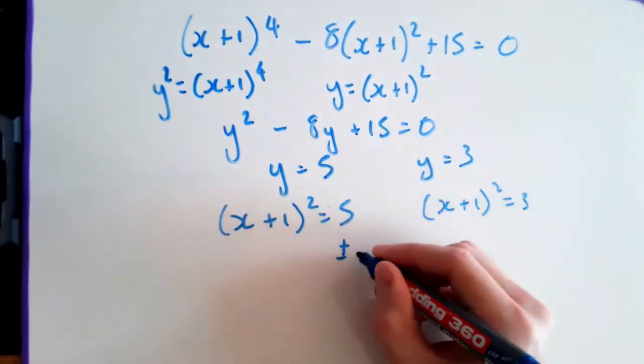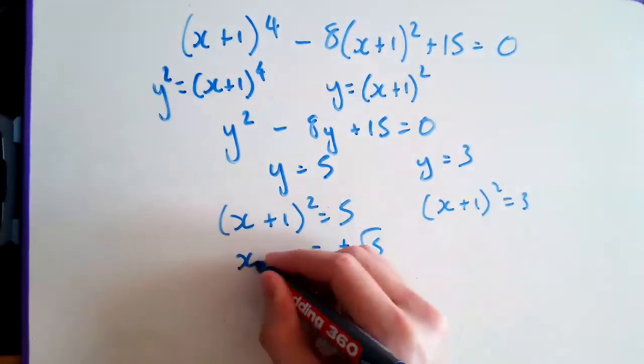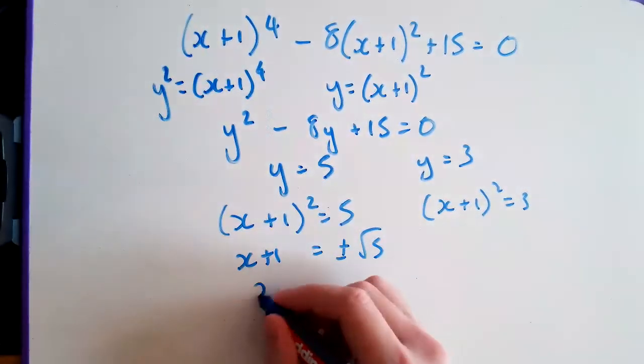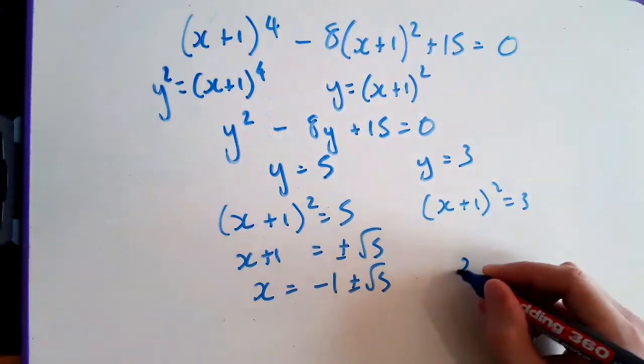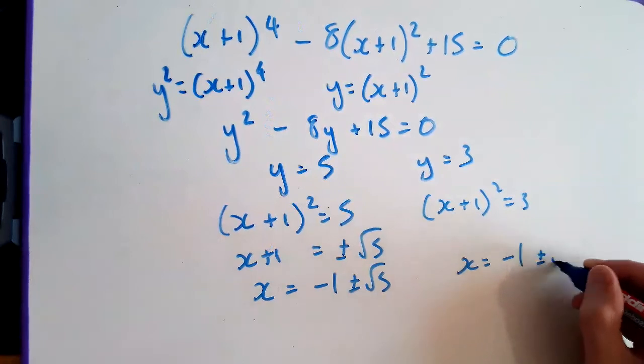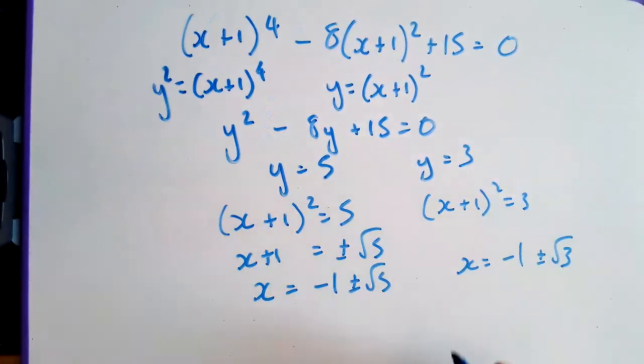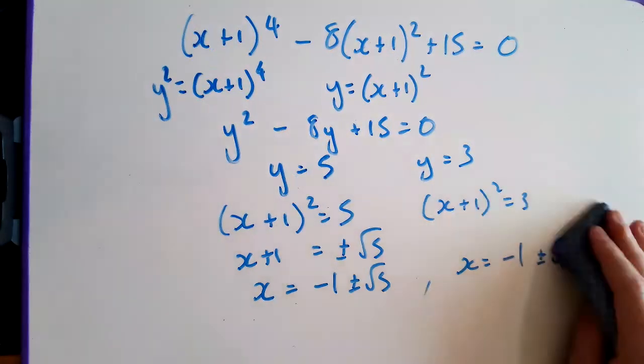Square root both sides. So x plus 1 is plus or minus root 5. Take away the 1, so minus 1 plus or minus root 5. The same method there gives minus 1 plus or minus root 3. So there's your 4 answers. See, much quicker than having to expand that.